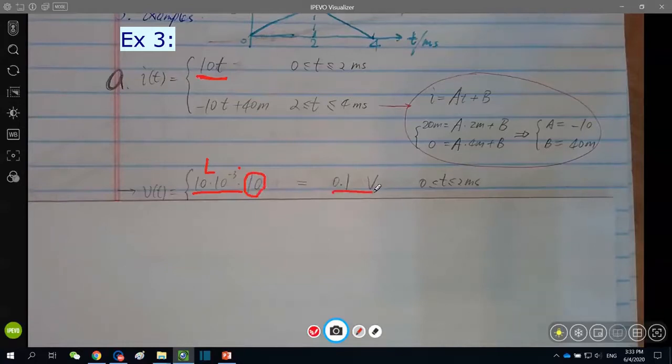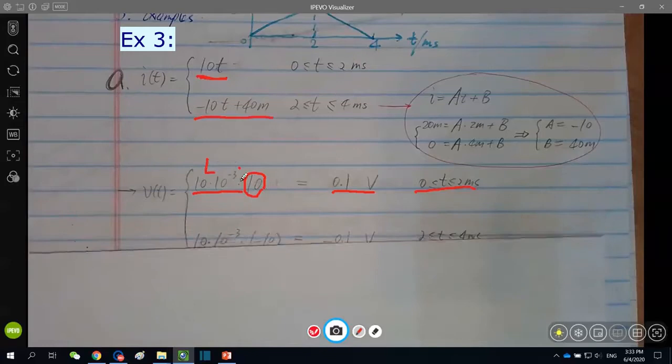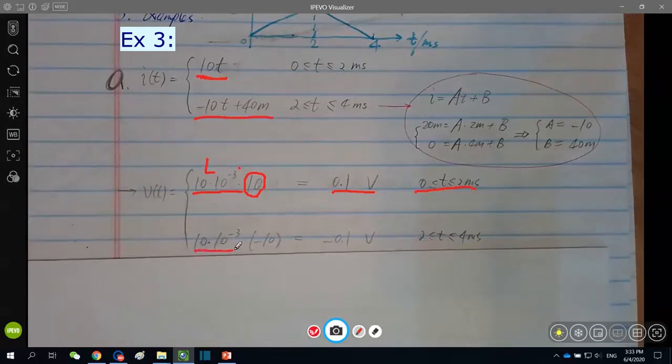After a little bit of algebra, it turned out to be 0.1 volt between 0 and 2 milliseconds. For the second division, I equals -10t plus 40 milli. So we again apply inductance times derivative of I with respect to t. The derivative of this is -10. After a little algebra, it turned out to be -0.1 volts between 2 and 4 milliseconds.